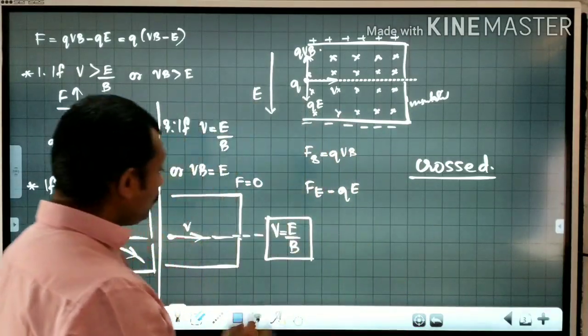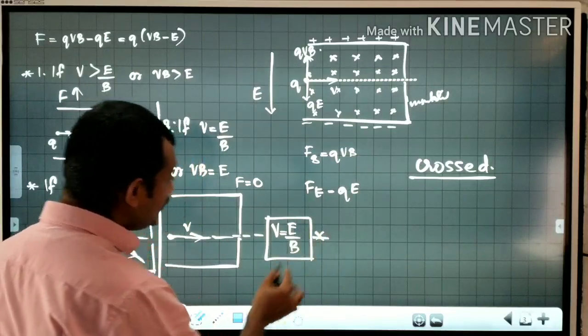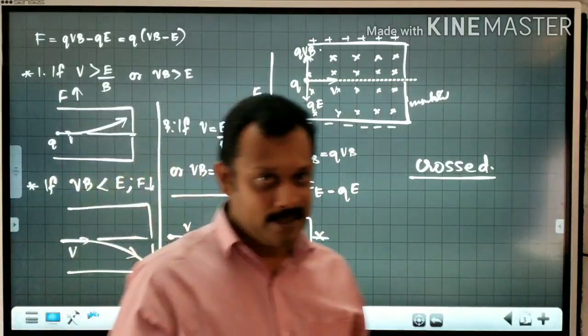For the particle to pass without any deviation, the most important condition is V is equal to E by B.